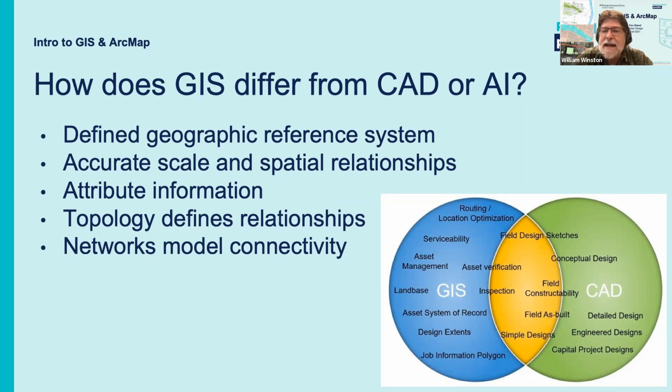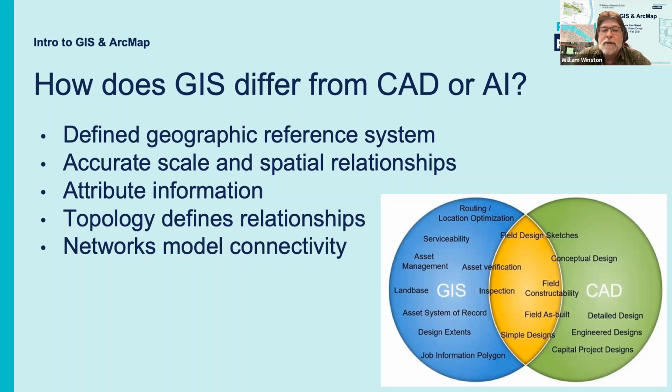Well, with GIS data, you typically have a global or projected coordinate system that's defined for your data. And it's intrinsically defined with real world coordinates that refer to real places on the ground.